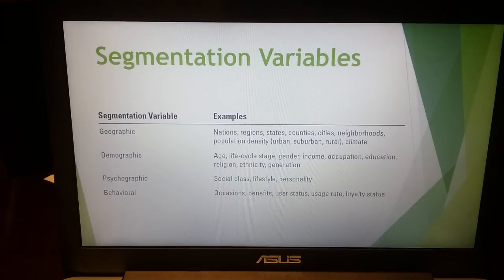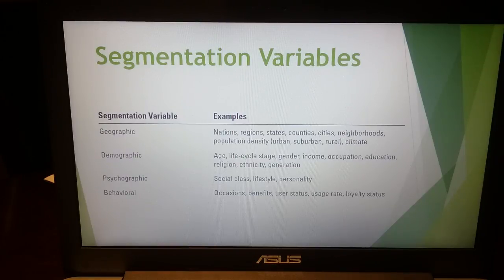So you could say that a segment would be men in the northeastern United States who are single, have an income of $150,000 or above, are professionals, and are interested in physical fitness and education, and they work out 4 to 5 times per week, and have no particular loyalty to any brand.